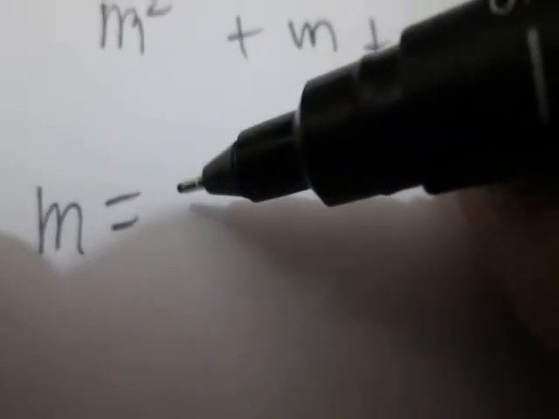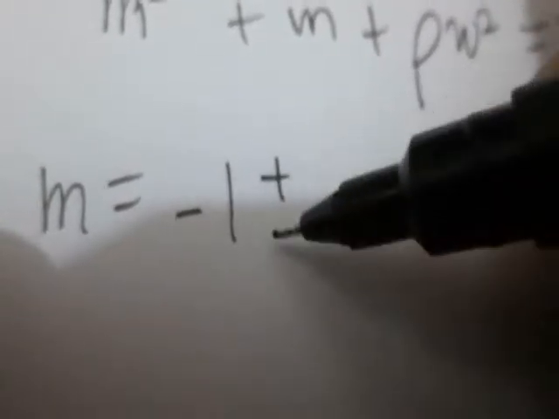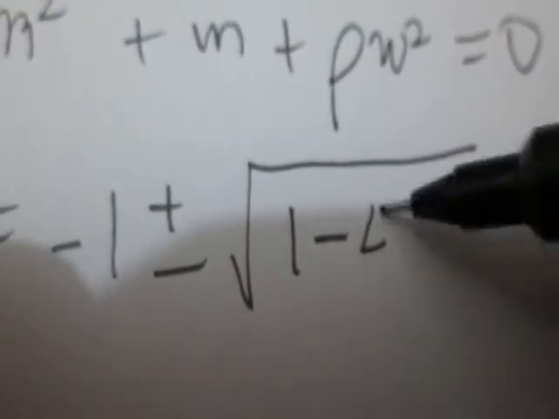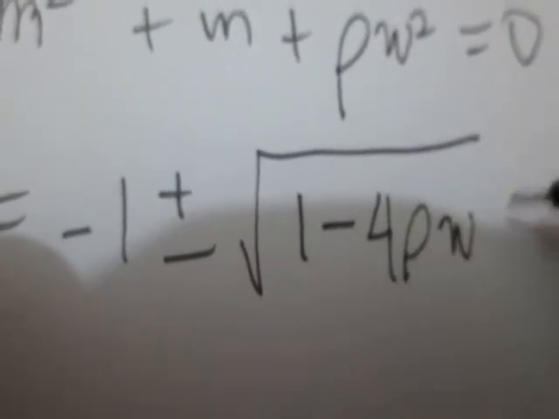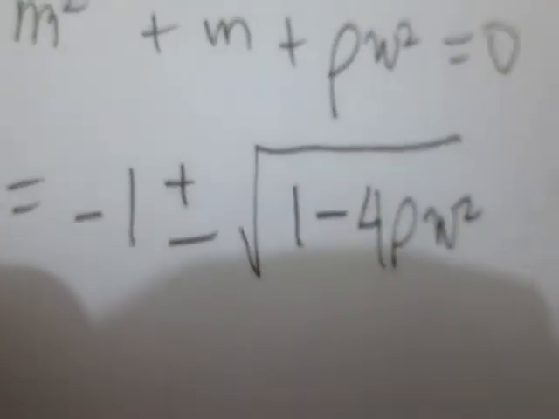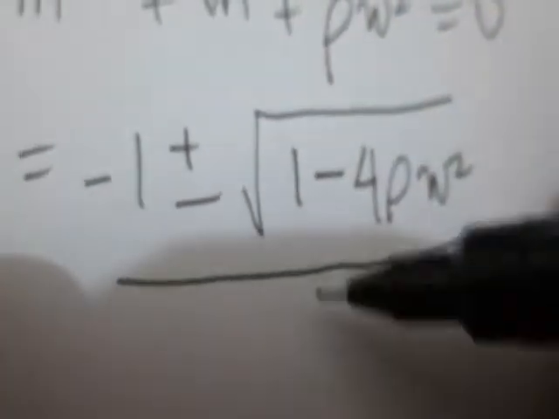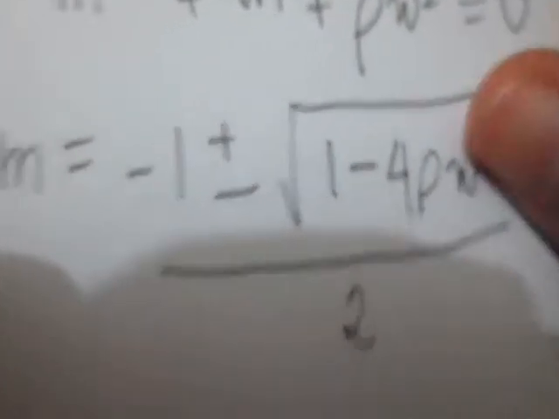In this equation, we have to use the quadratic formula. So we get m equals -1 plus or minus the square root of 1 minus 4 rho omega squared, over 2.